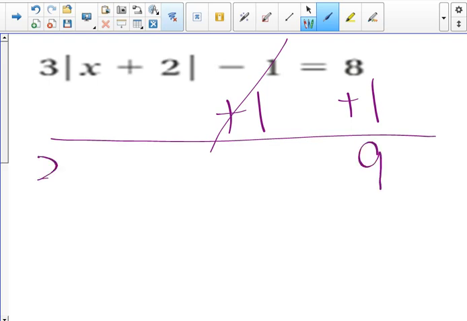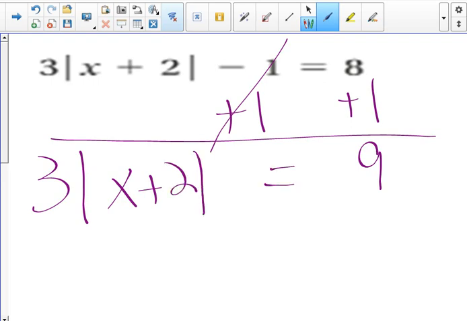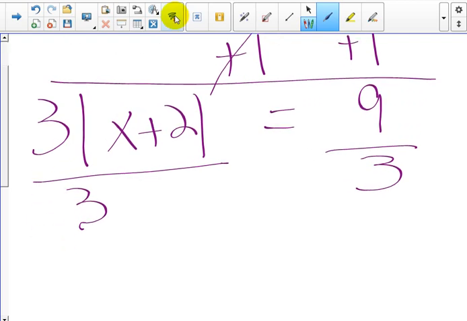So now we have 3 times the absolute value of x plus 2 equal 9. Now we can separate the date, and we can divide by 3. And if I do that to one side, I must do that to the other. So those cancel out, and that simplifies to 3.